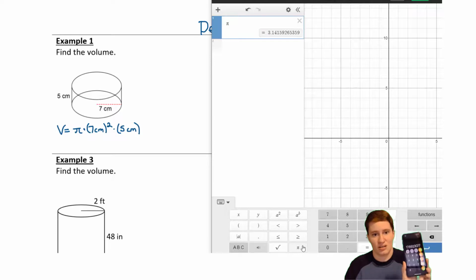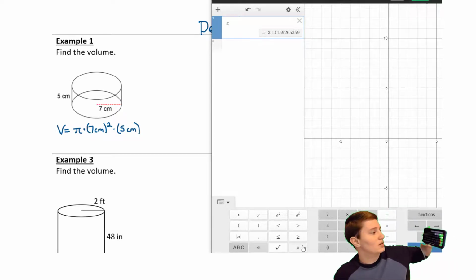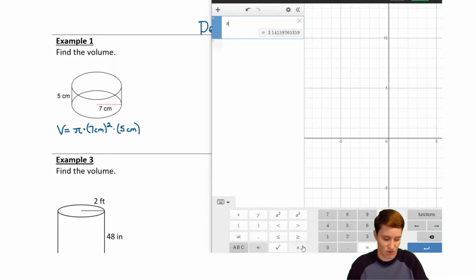If you're doing things on your phone calculator and you're like, wow, that's not a lot, if you turn it sideways, a lot of other stuff pops up. Pi is down in the bottom middle, so you can do that. I don't like using the phone calculator as much because it's just not as easy to use.